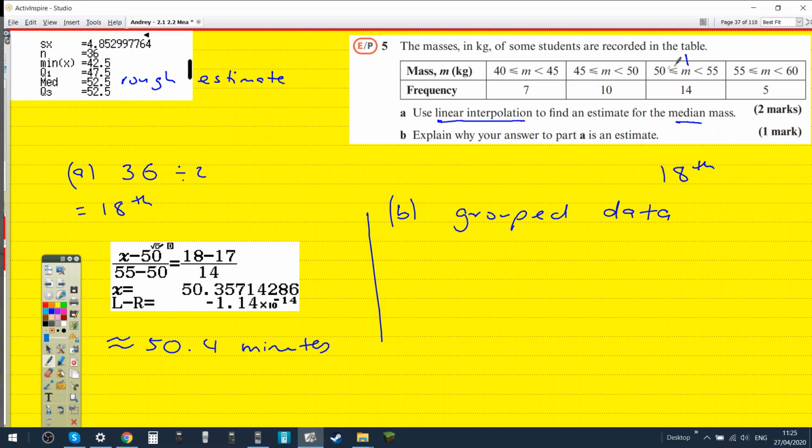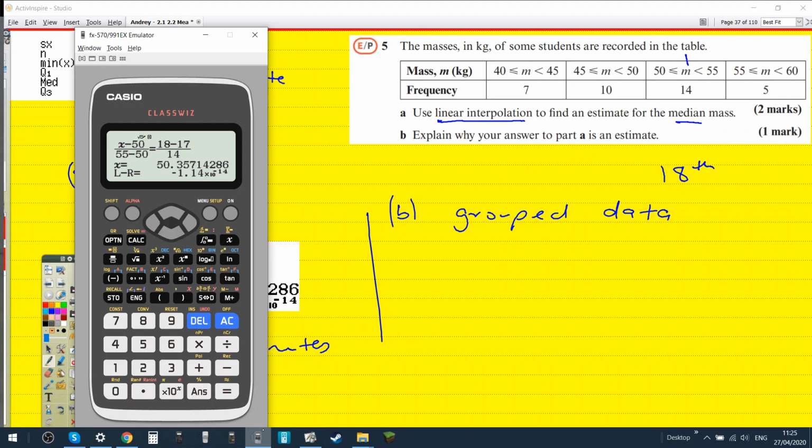So it just picked the middle value, 52.5, but our better value is 50.4. And we knew if it's only 1/14 of the way into that group, 1/14 of that. So using my older method, 1/14 times 5, the class width, and then we're starting from 50, is that same number.